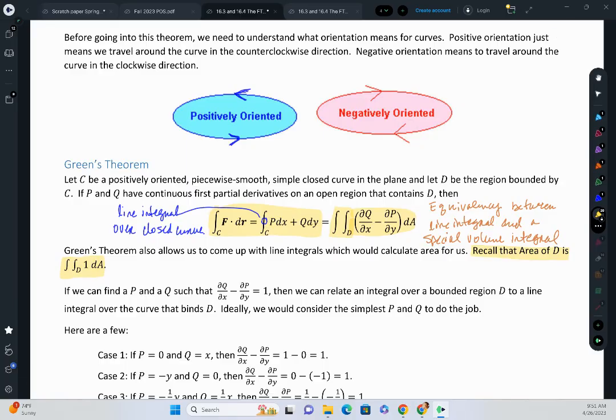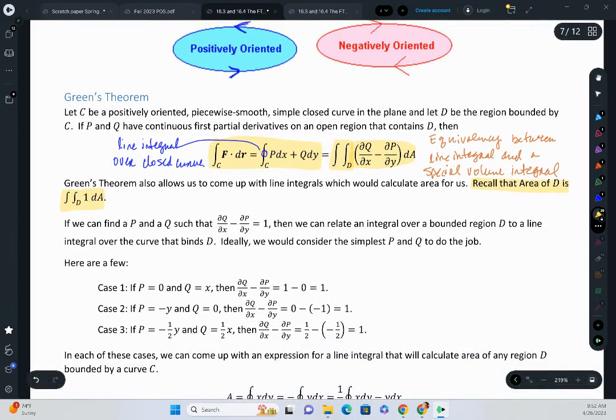And so we could actually work this backwards and say that if we have an area problem, a double integral of 1 dA over some region D, and there's a curve that closes up that region D, then we can kind of work backwards and say, well, I could instead calculate a line integral over the curve that encloses the region D.